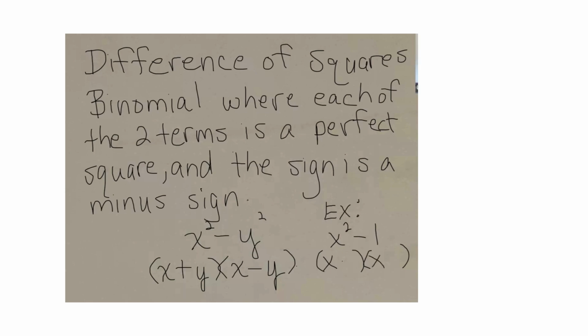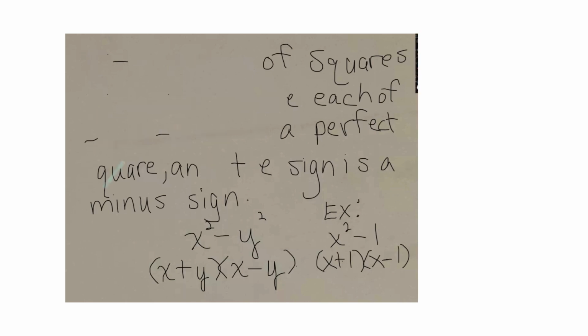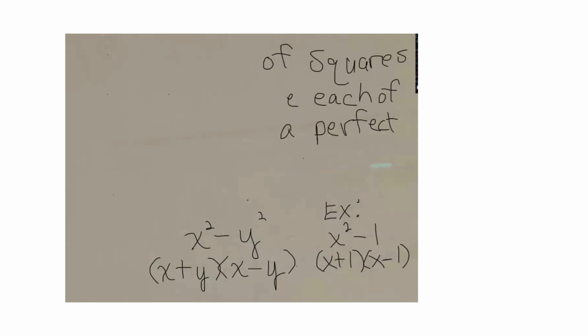Your signs are plus and minus. The square root of 1 is 1, so 1 and 1. A couple more examples, and this is going to make your assignment so easy.